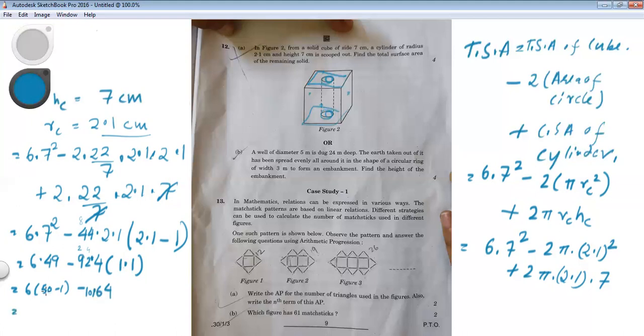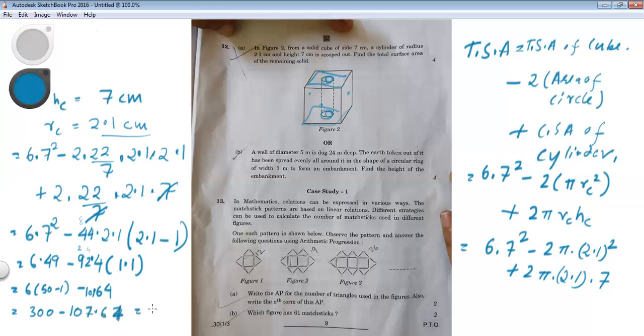So this is going to be 294 minus 101.64.